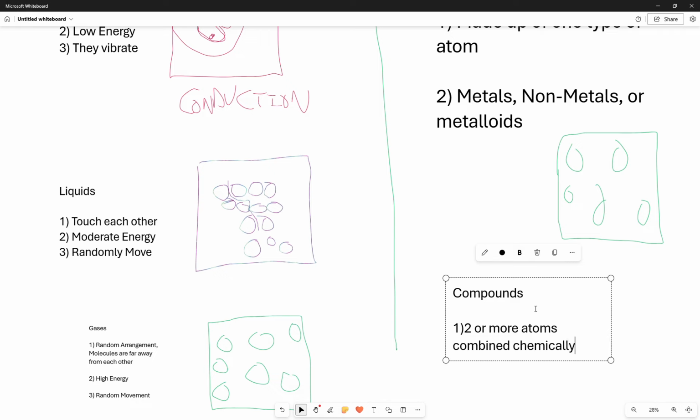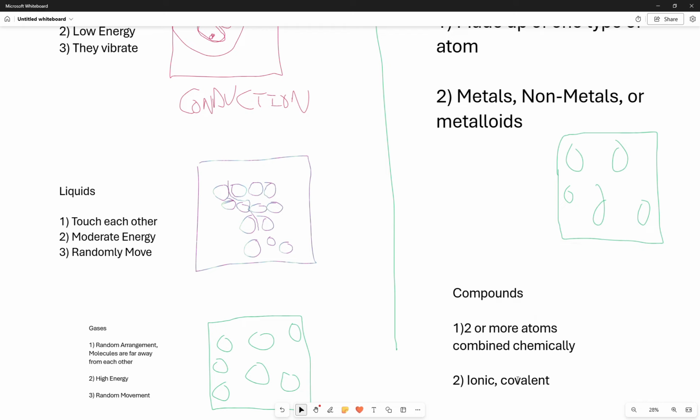Two or more atoms combined chemically, and they can either bond in an ionic way or a covalent way. MYP is only ionic and covalent. There's another one which is dative, but that is for DP in grade 11 and 12. It's not for MYP.